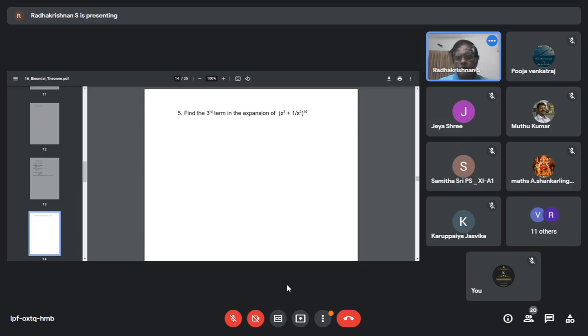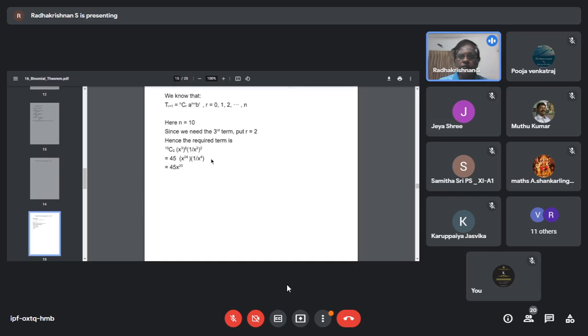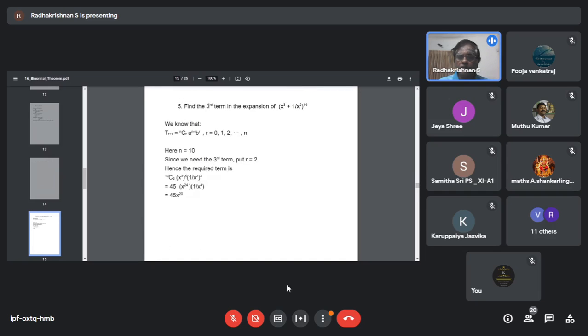It is x power 20, sir. Yeah, that's right. So it is 45 x power 20. It's very simple. If I'm asking for the third term, what you should remember is t(r+1), which is equal to nCr a to the power of n minus r b to the power of r.